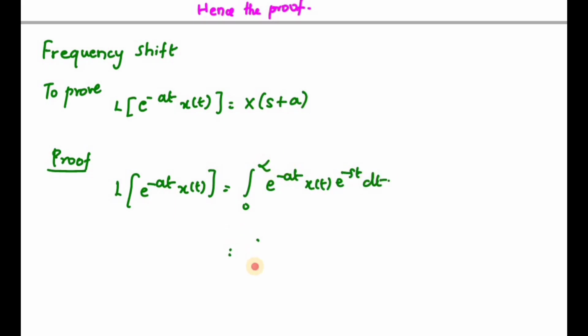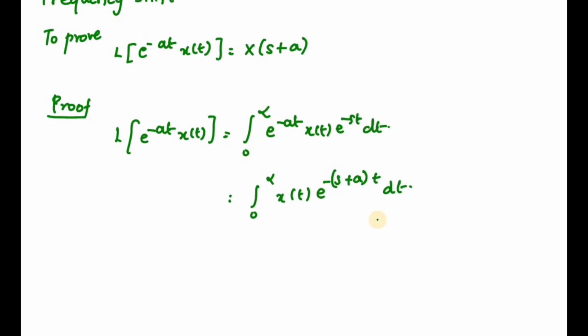This I can write as the integral from 0 to infinity of x of t e power minus s plus a into t dt. This integral I can write as X of s plus a. Hence it is proved. So the next one is scaling.